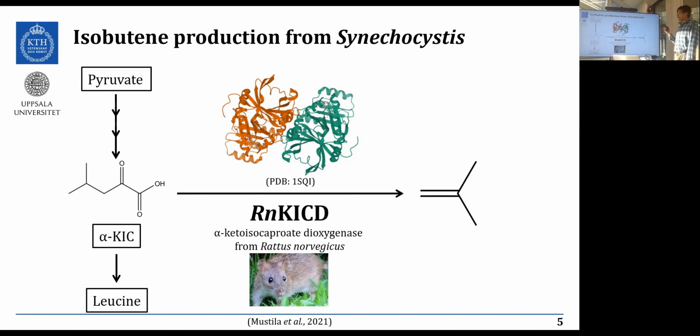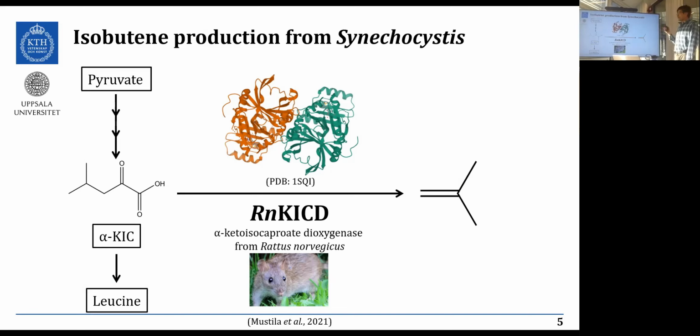So how do we introduce the heterologous gene into Synechocystis? One method is through a replicative vector such as pEEK2, which is similar to how recombinant proteins are expressed in E. coli. pEEK2 was used to introduce RnKD in the previous study by Hannah at Uppsala University.